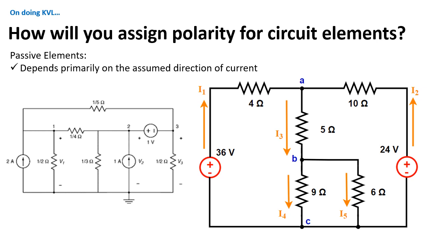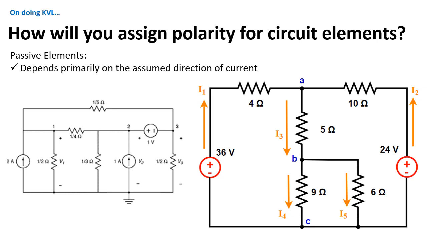Otherwise, it is positive. So, for example, I have a 6 ohm resistor here. I assume the current direction is downward. If I take a KVL in this loop, starting here, then here, right here, and the loop is clockwise, the voltage here will be positive.